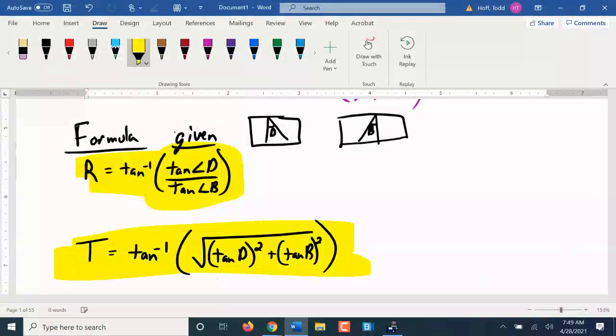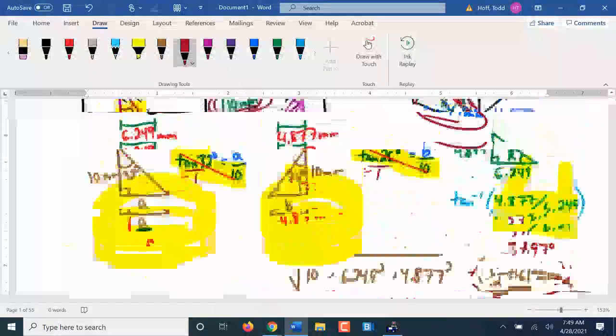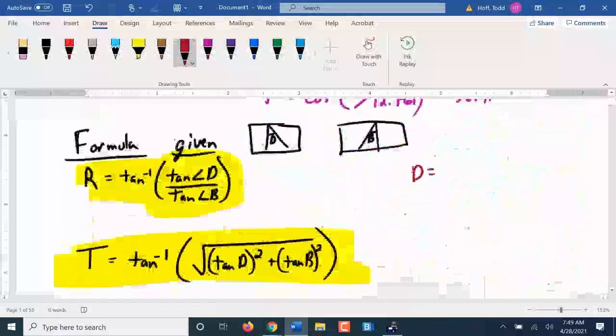So let's do this example. What did I say? D was 32 and B was 26, yes.